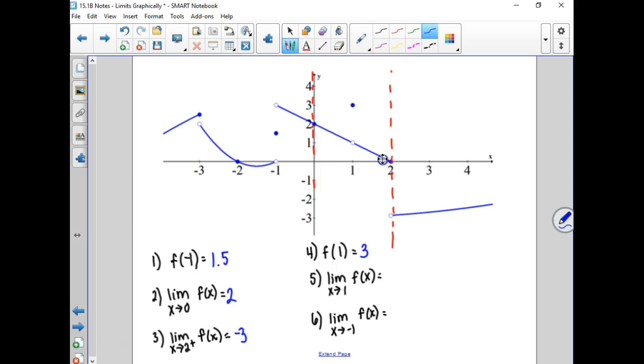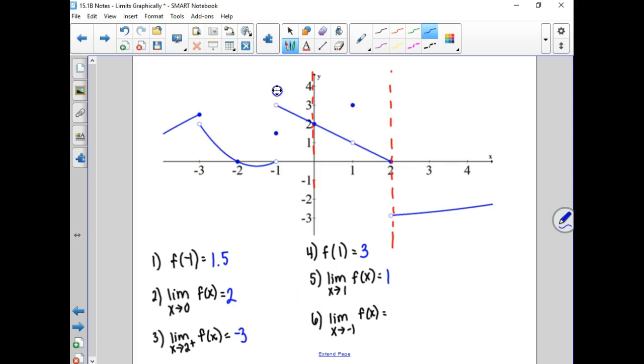Because from the right, what do we get closer to? 1. And from the left, what do we get closer to? 1. So it's going to be 1 even though there's a hole in the graph there. Because it's okay if there's a hole as long as it meets on either side of the hole.